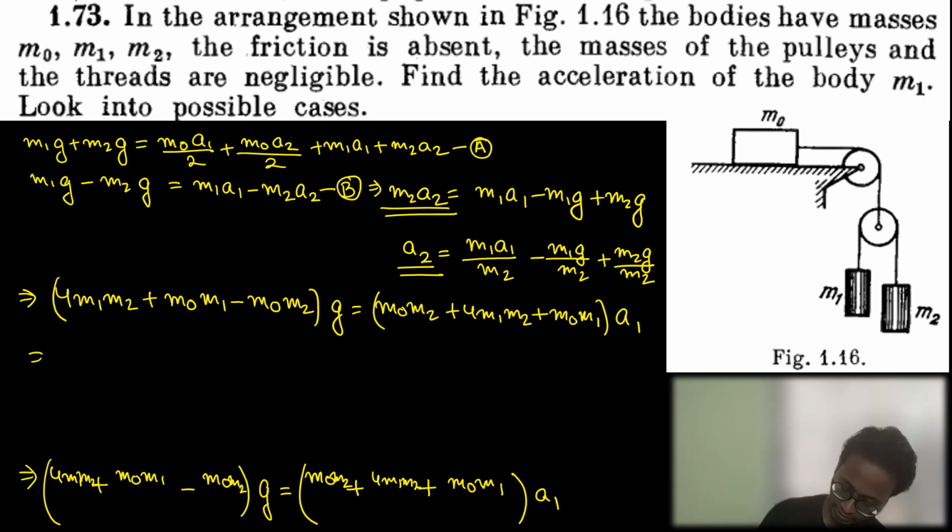So a1 is equal to 4m1 m2 plus m naught m1 minus m naught m2 into g.